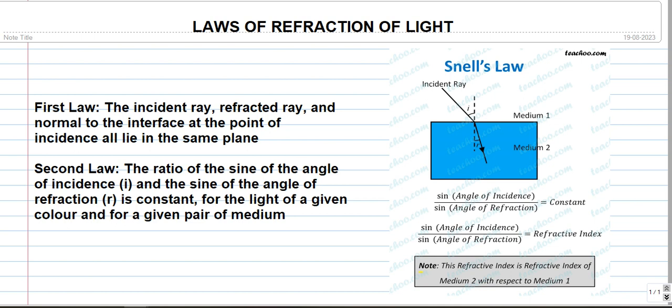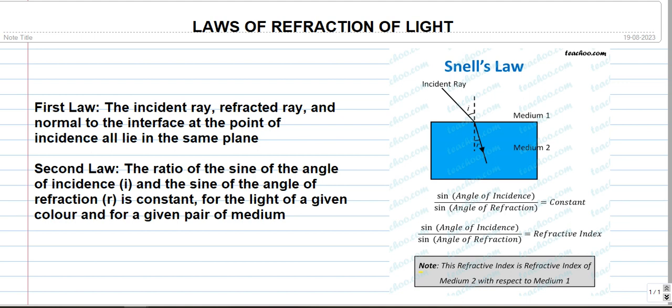Say if we consider air and glass, there is one constant. If we consider glass and water, the constant will be different, meaning the ratio of the sine of angle of incidence and the sine of angle of refraction will be different. So this we have to understand.